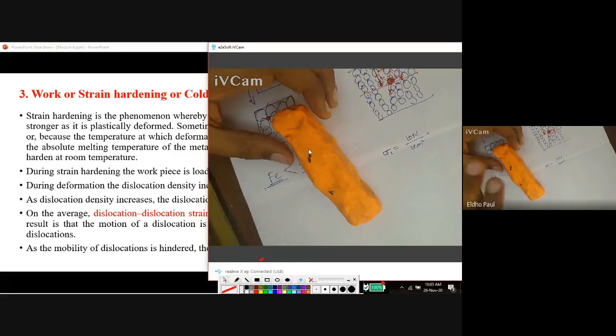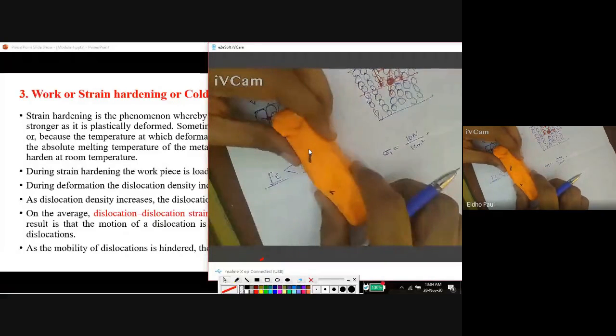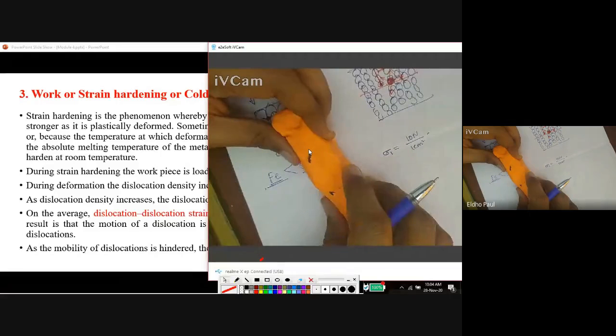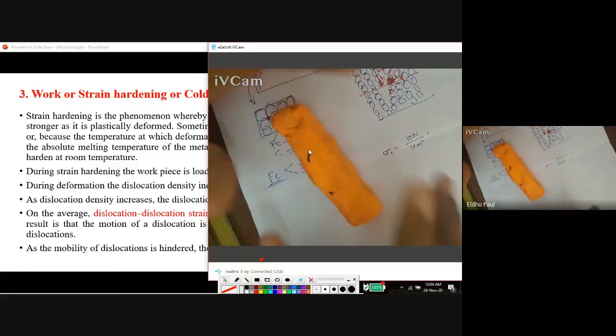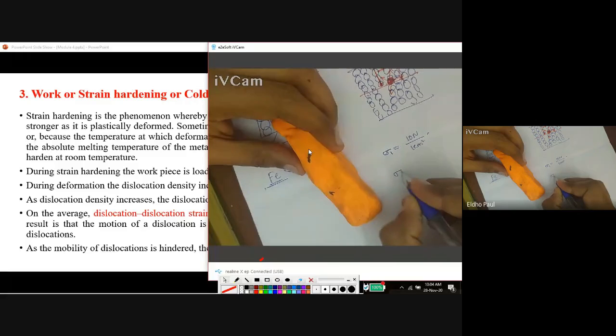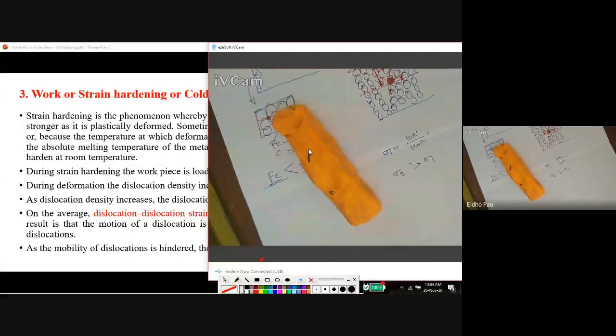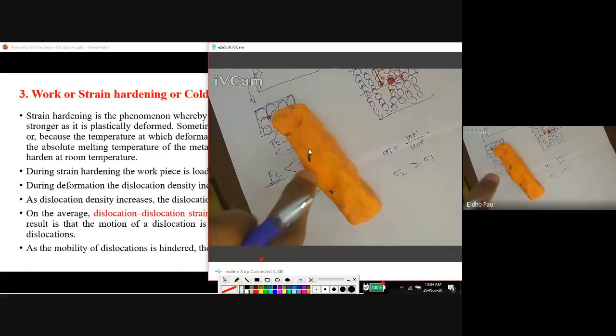But after a particular amount of deformation, if I apply sigma 1 again, there will not be any deformation. We have to apply a stress greater than sigma 1 for further deformation. That means a deformed material has higher strength than an undeformed material.